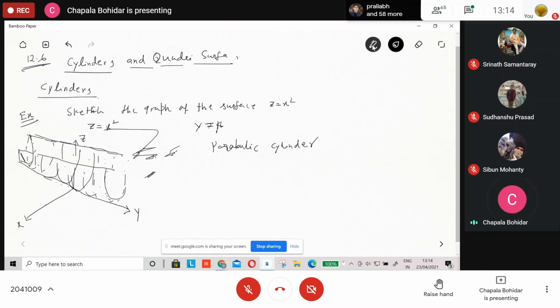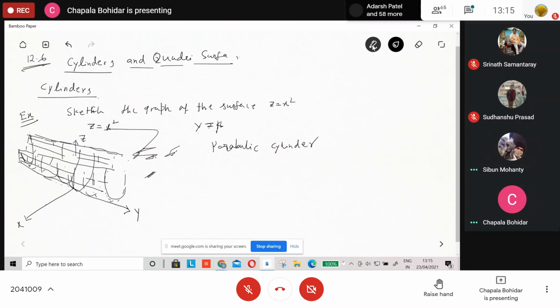Now, if we draw the parallel lines here, they are called your ruling lines. That is parallel to which axis?